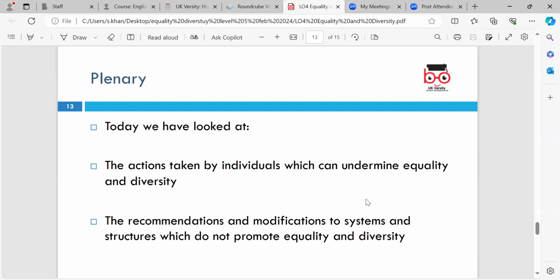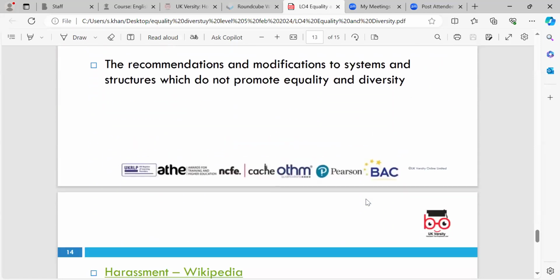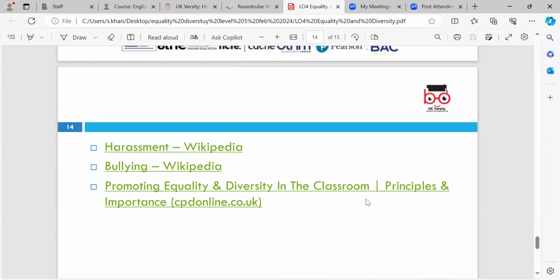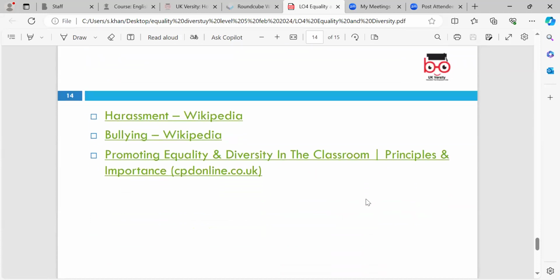It doesn't just happen with kids, it happens with individuals. We looked at being inclusive as well. Why is it so important to be inclusive? We looked at the recommendations and modifications to systems and structures which do not promote equality and diversity. With this, we've done learning outcome 4 now.